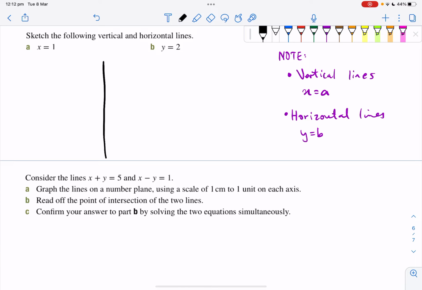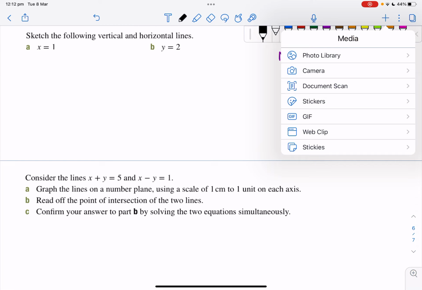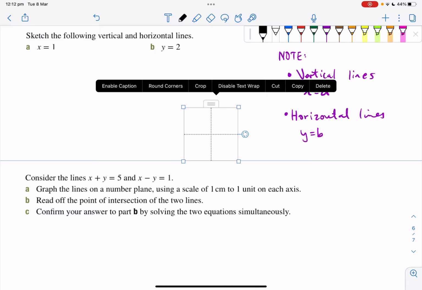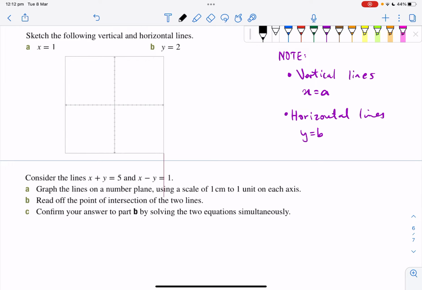Now I'm going to sketch both graphs on the same axes. Actually, let me use a bit of a grid. Let me label this. I'm going to do every second value here.